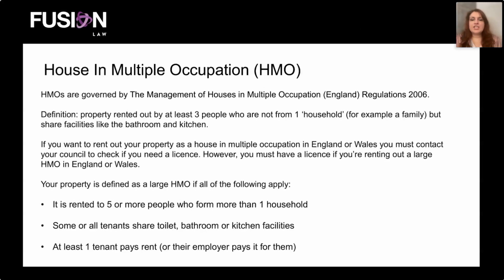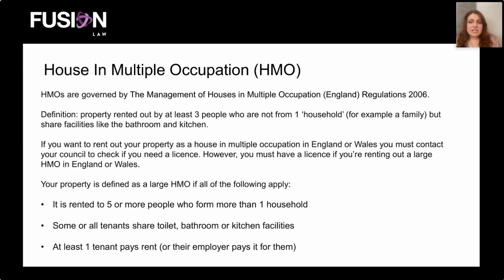Now, in terms of HMOs, there are 3 types of licensing currently out there. The first one is selective licensing, and that applies to properties that are let even to a single family household or to two sharers. These are only applicable to certain areas designated by the local authority, so please always check.